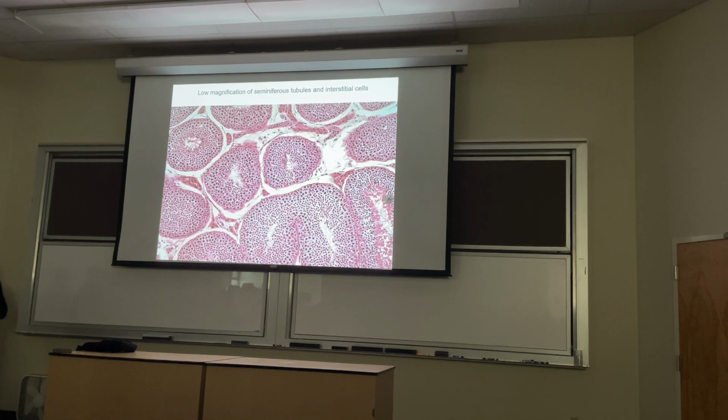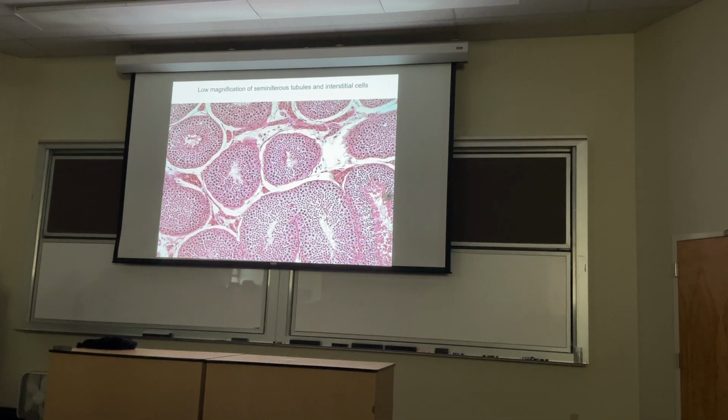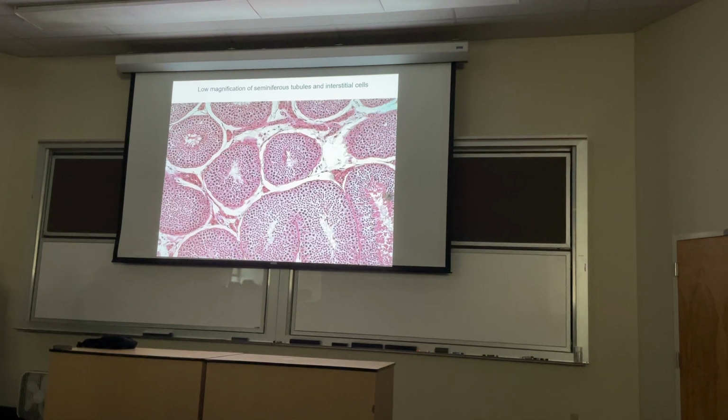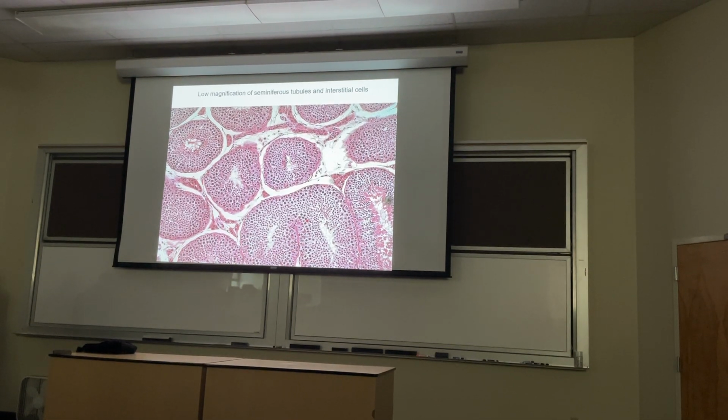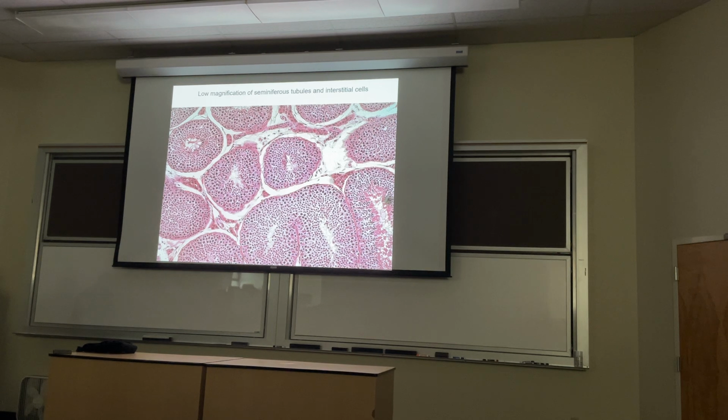So are those Leydig cells the ones that secrete the testosterone? Exactly. So these are endocrine cells. And is the secretion of that happening outside of the seminiferous tubules? It goes into the blood.